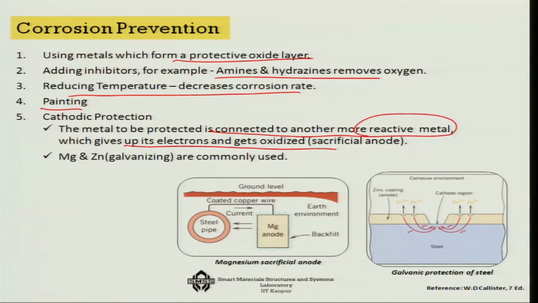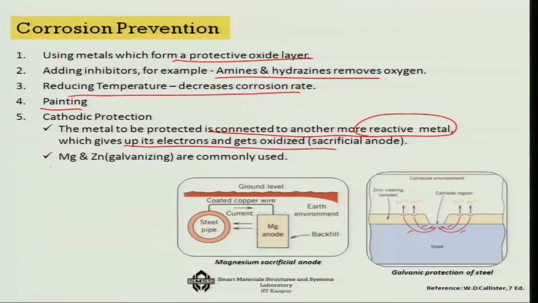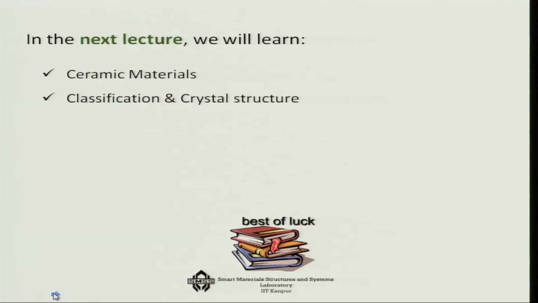This is why people used to carry zinc on ships in earlier days, because the zinc will be oxidized and sacrificed, but the ship's metal will be saved. Magnesium and zinc are more commonly used for this purpose. So, these are the various methods for corrosion prevention.